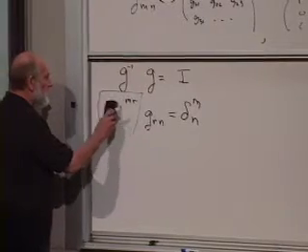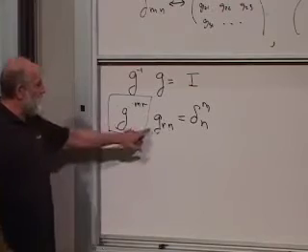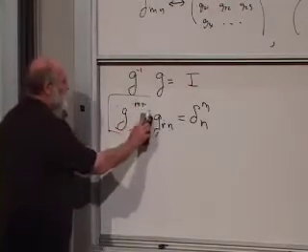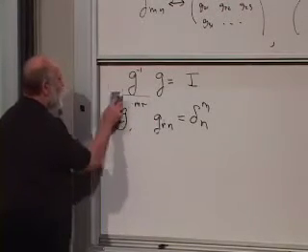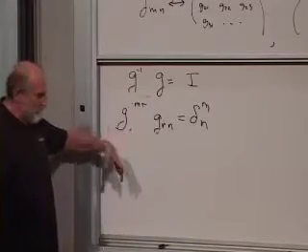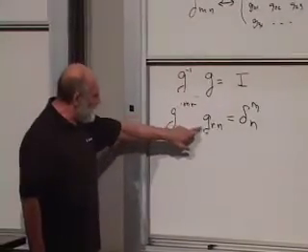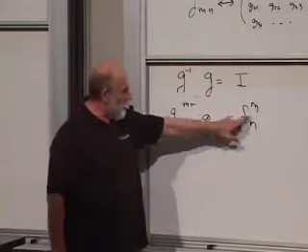We just remember that when G is written with upper indices, it's the inverse matrix to the ones with lower indices. And so the identity, in the sense of the equation, is G^{mr} G_{rn} = delta^m_n.